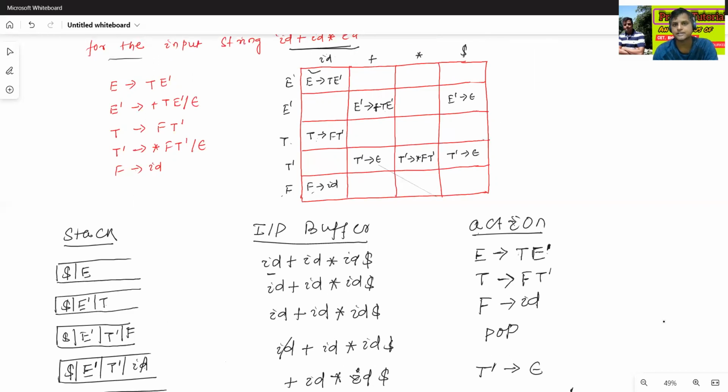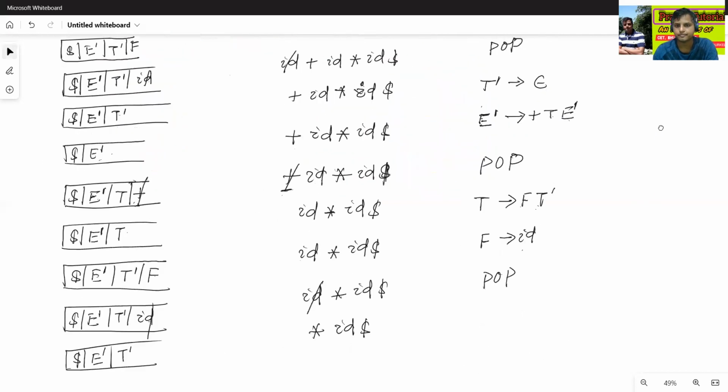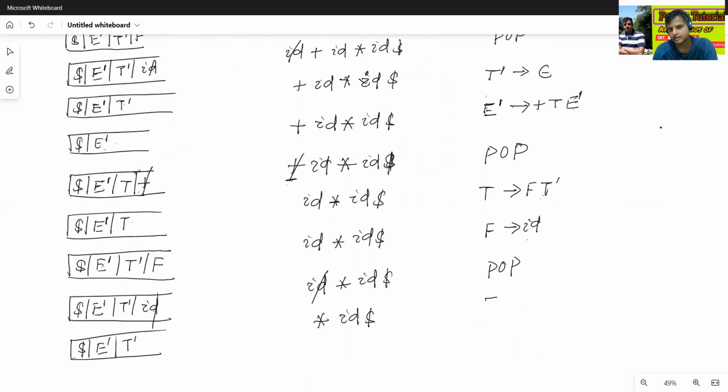Now we'll replace T prime with star F T prime.